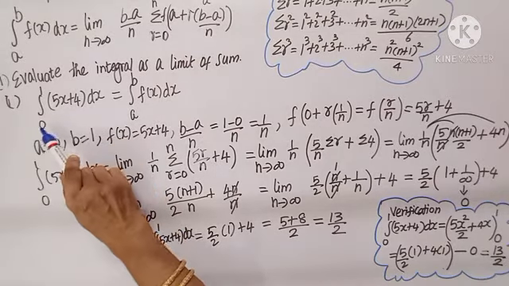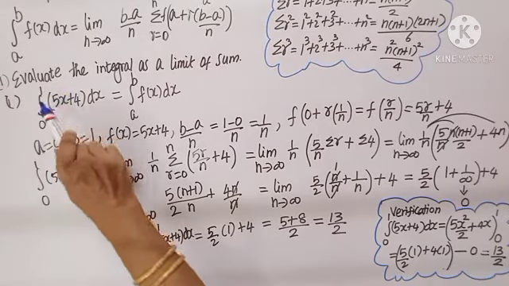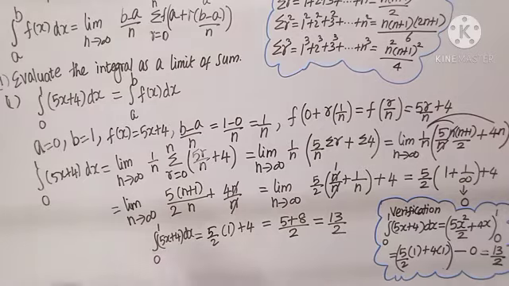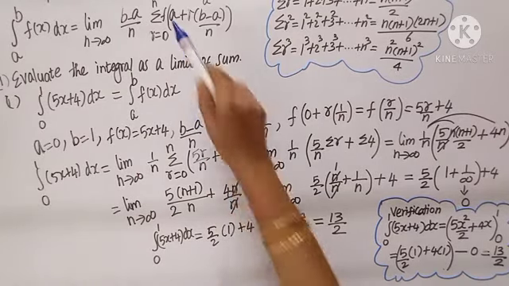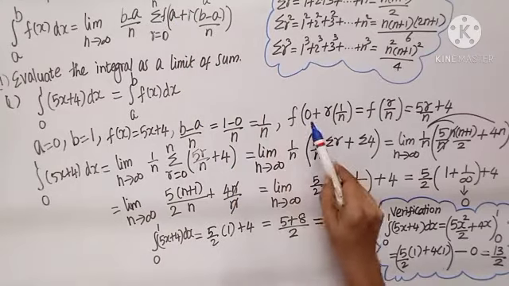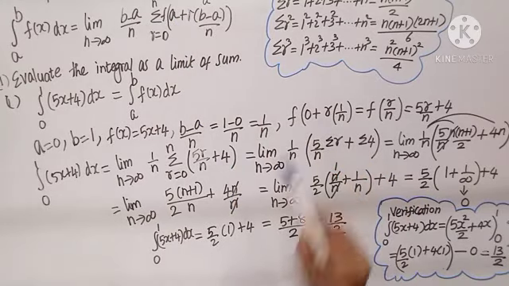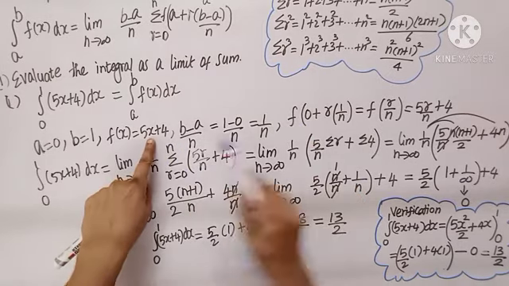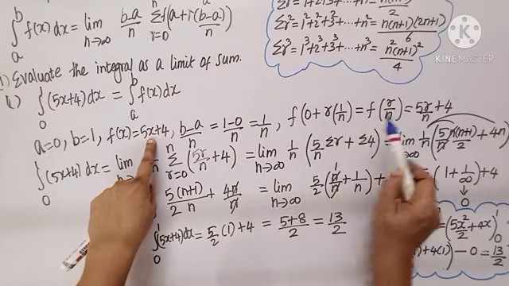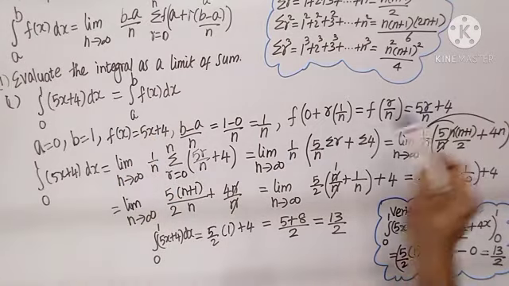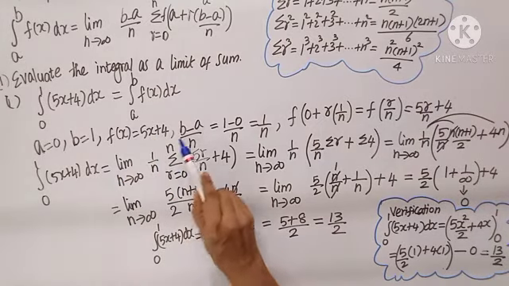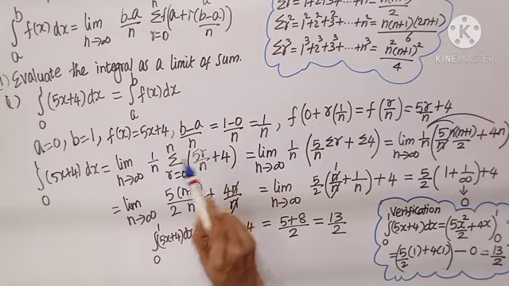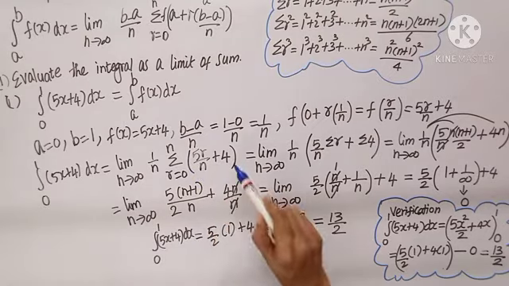Given a problem, the lower limit is a, the upper limit is b, and the function is f of x. What is b minus a by n? Let us calculate. Find out a plus r into b minus a by n, and f of that. What do you mean by f of that? Wherever x is coming, let us put what is here, that is r by n. As I substitute, sigma is only for r. The remaining I can bring out. So 5 by n sigma r plus sigma 4.